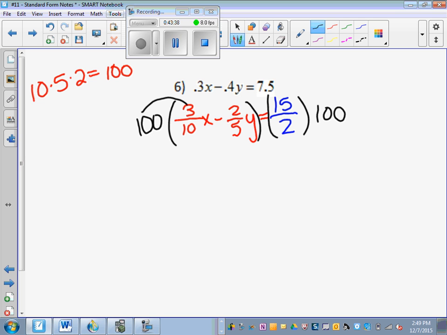Yeah, it just takes time. Alright, what's 100 times 3 tenths? 30. What's 100 times negative 2 fifths? Negative 40. And what was this one? 750. 15 times 100 over 2 is 750.